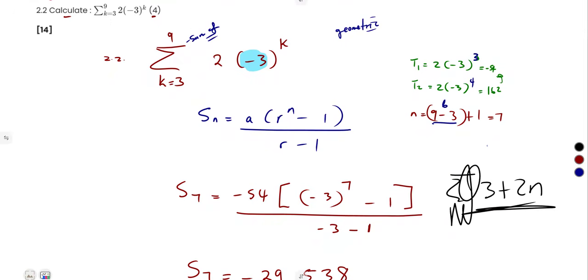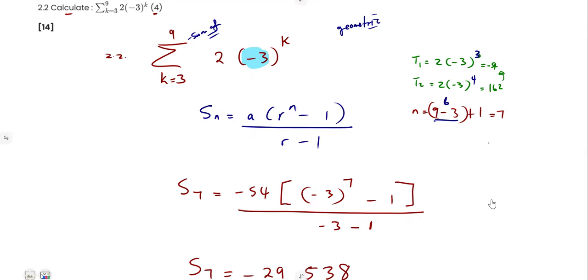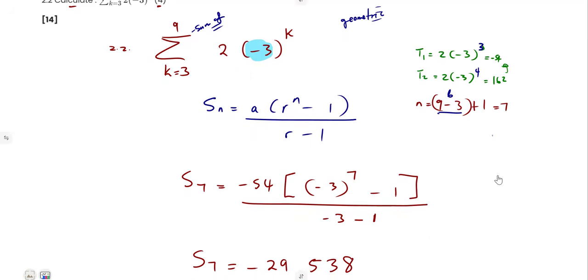But a certain part raised to a certain exponent is geometric. You can even find your terms T1, T2, T3 if you still have confusion to say which is which. From 3 terms, you can tell whether it is geometric or arithmetic.